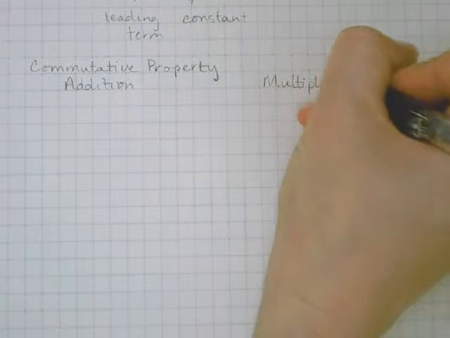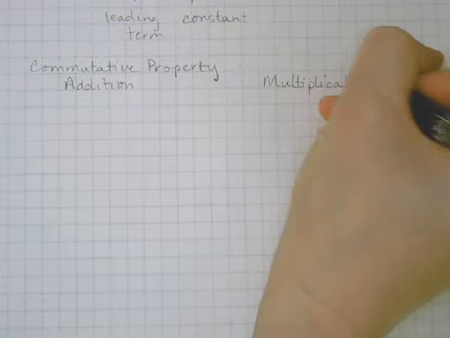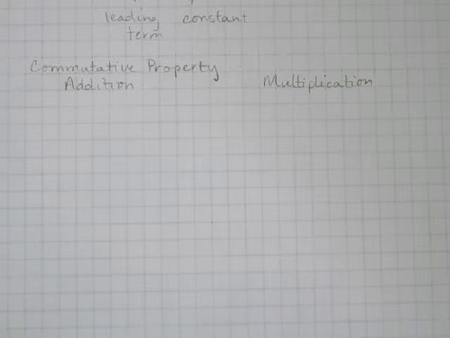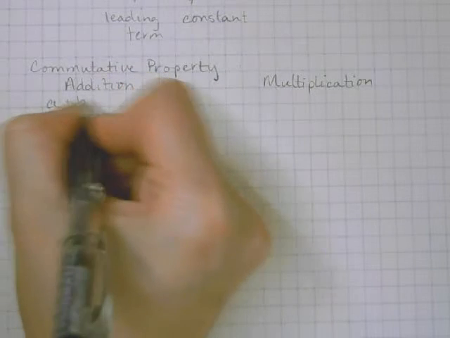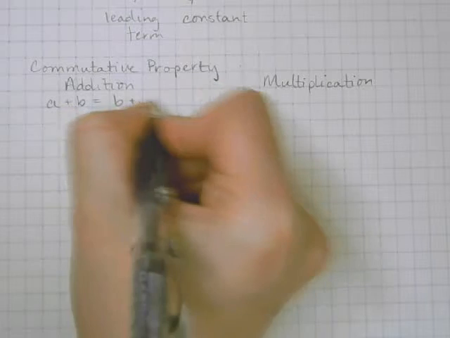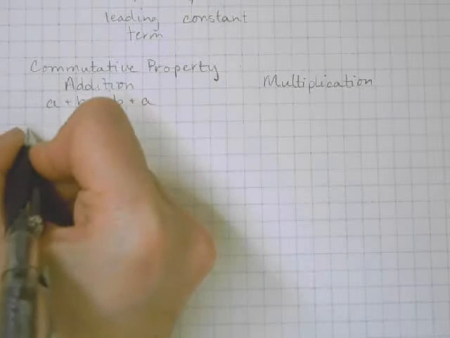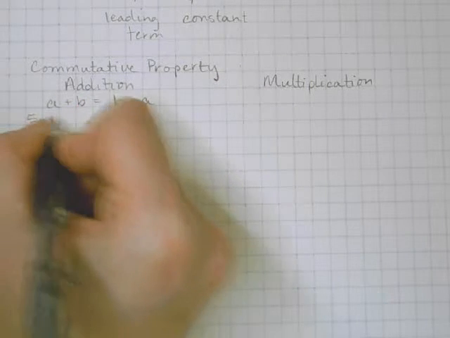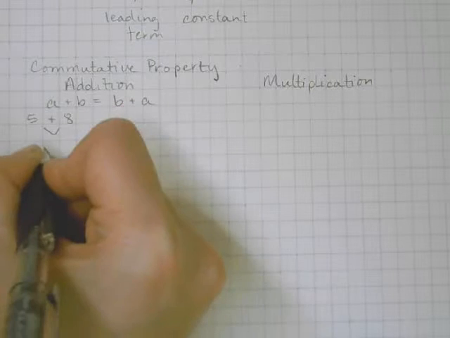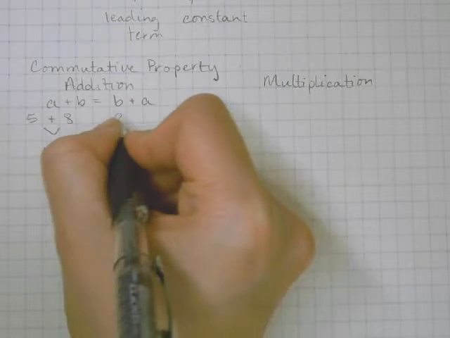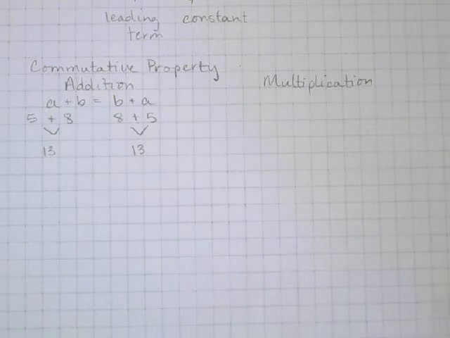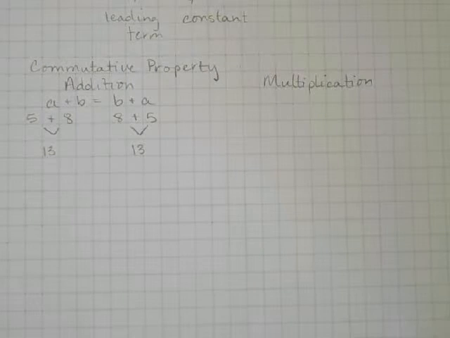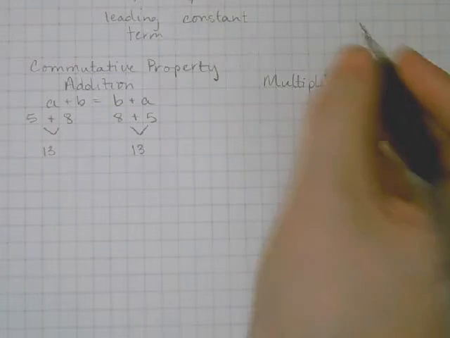And what this means is when you add or multiply, you can do those in any order and it doesn't matter. So A plus B is the same as B plus A. For example, 5 plus 8 equals 13, and 8 plus 5 also equals 13. So no matter what direction you go, you're going to get the same answer.